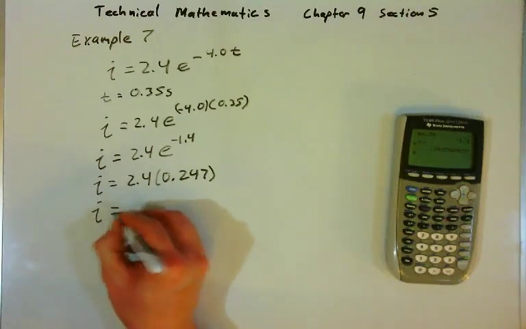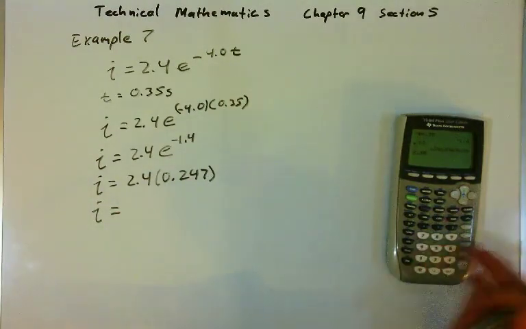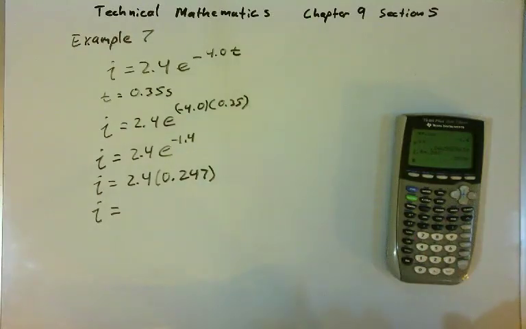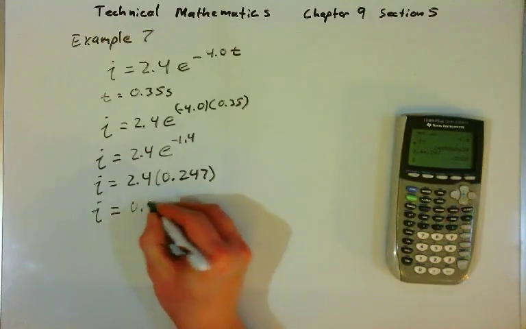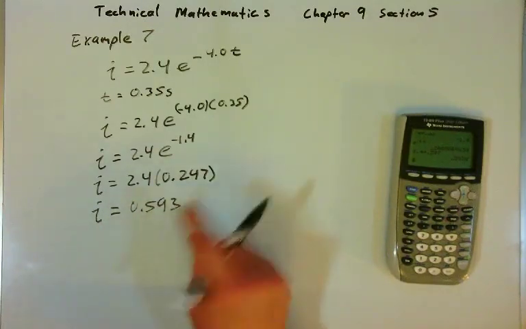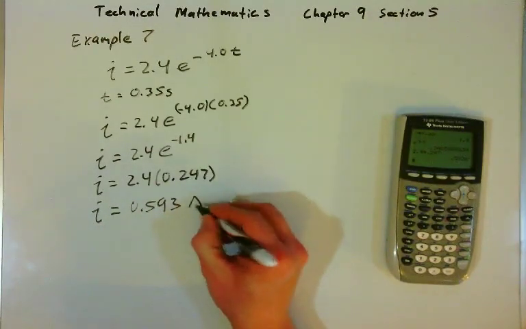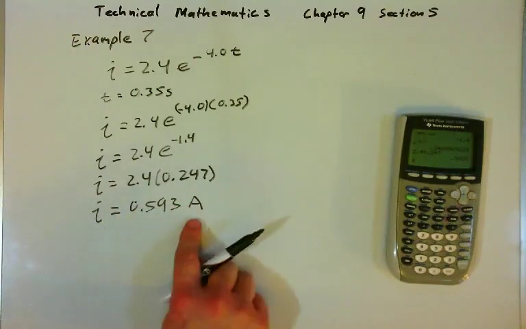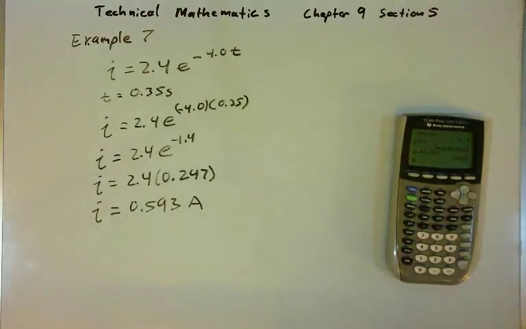Now we can multiply. So we take 2.4 times 0.247, and we get 0.593. The answer here will be in amps. So I is the instantaneous current in the electrical circuit, and that is measured in amps.